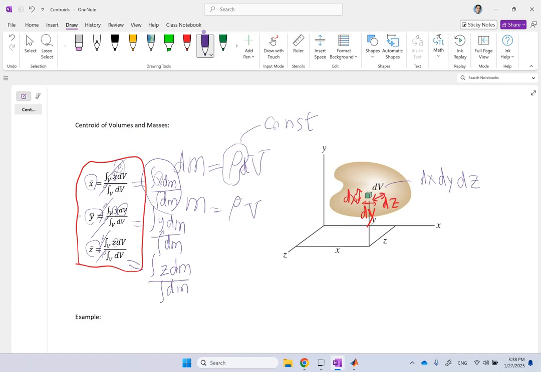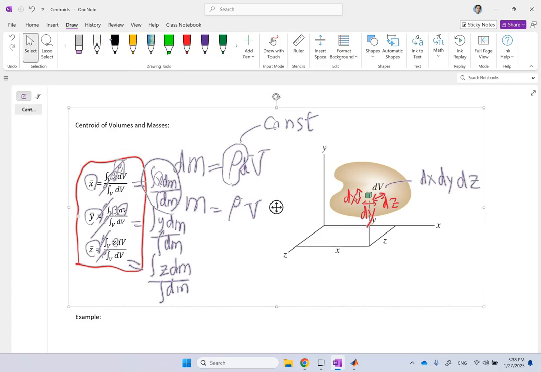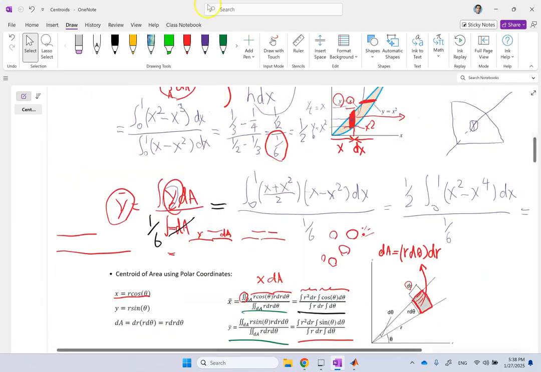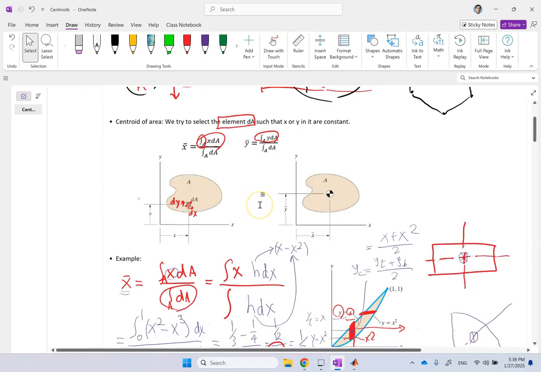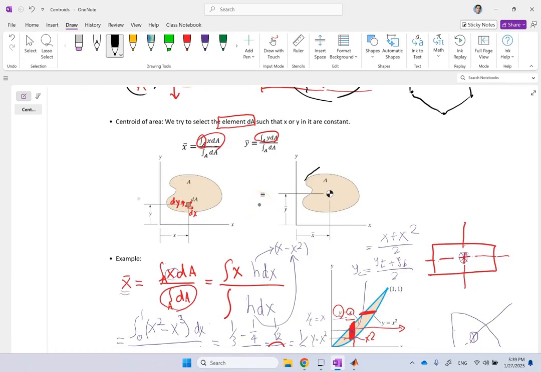And the center of volume, as I said, for a flat object, like I showed you up there. So let's go back here. Let's look at this. If your object is a flat, very thin object, so the thickness of it does not change over the part.